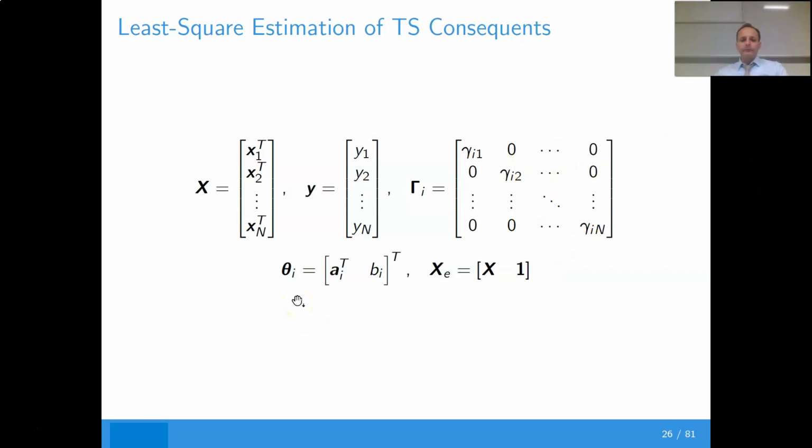Once you consider the consequence not as a singleton, but with a linear relation that we will see later, you have to estimate not only the parameters b as for the case of the singleton, but also the term which represents a bias.